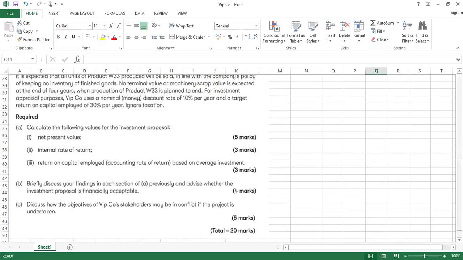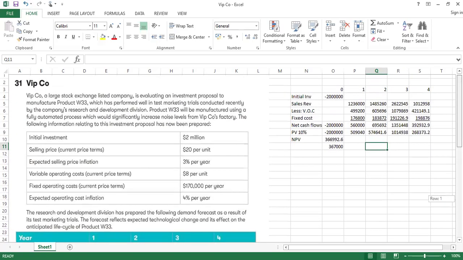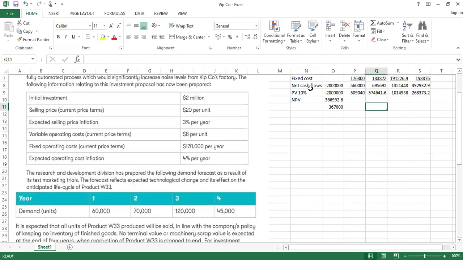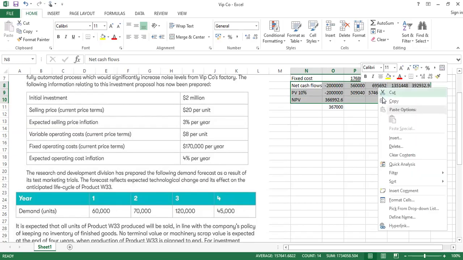Next, we are required to calculate IRR. So for IRR, what will we do? We will pick these cash flows. I am going to copy paste these three lines.